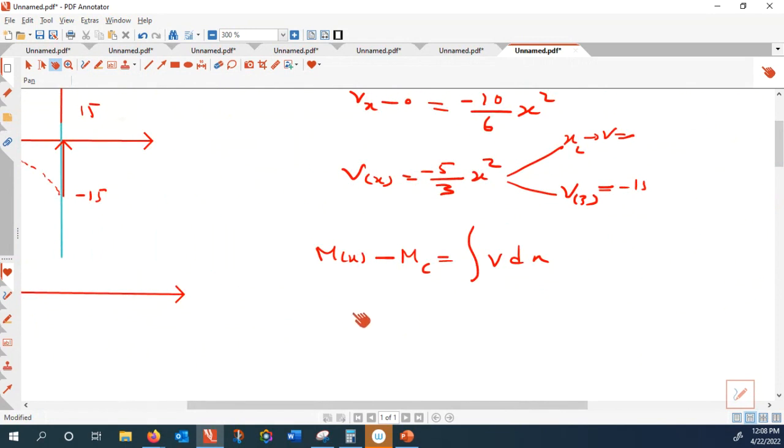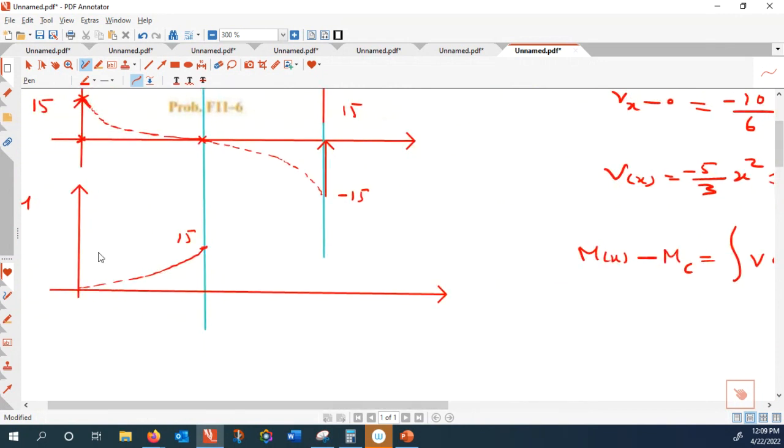So this justification is the key ingredient. If you want me to explain that more, don't be shy, I'm happy to explain. In each case, when you go from one zone to another, you have to decide whether, at a point like B, B minus and B plus, the shears are equal on both sides, and whether the bending moments are equal on both sides. To answer that, just look at the loading.